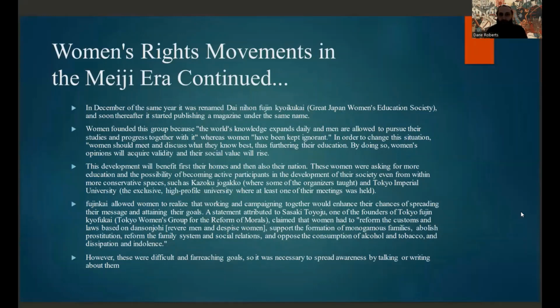They believed that this development would benefit their homes and also their nation. The women asked for more education and the possibility of becoming active participants in their society, which was not allowed at that point in time. They began to realize that working and campaigning together would enhance the spreading of their measures and the attaining of their goals.